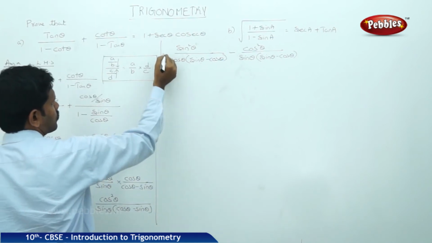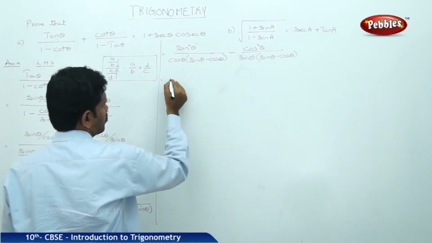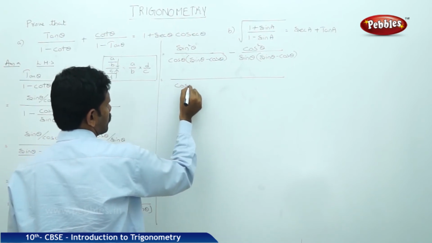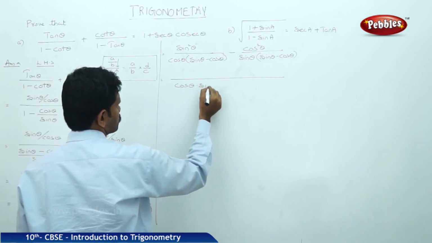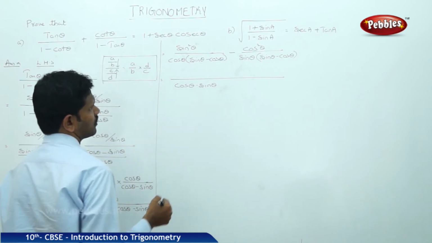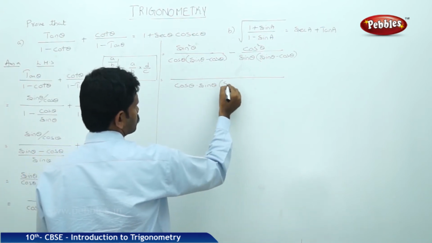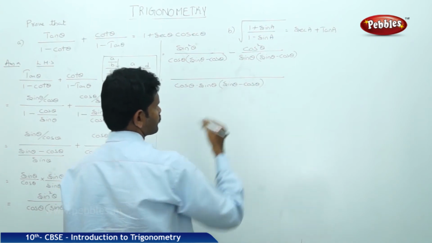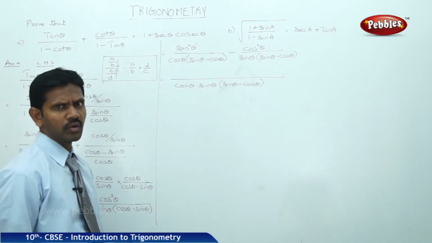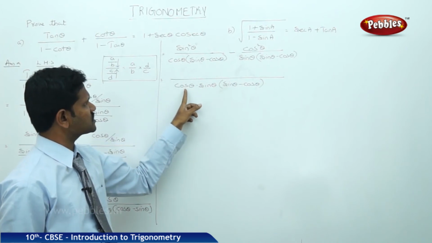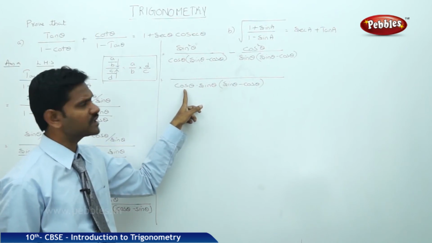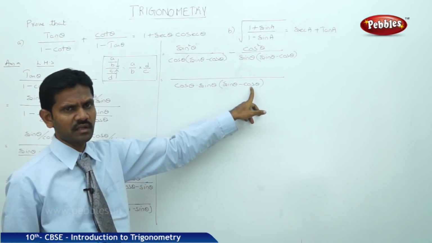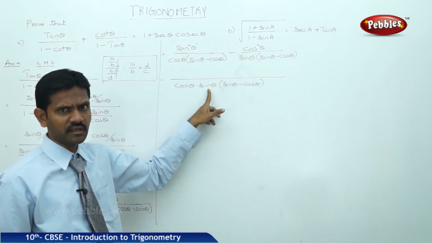Now LCM is cos theta into sin theta into sin theta minus cos theta. Now cos theta get cancel, sin theta minus cos theta get cancel. Now the left part is sin theta.